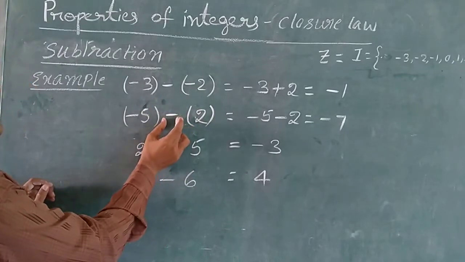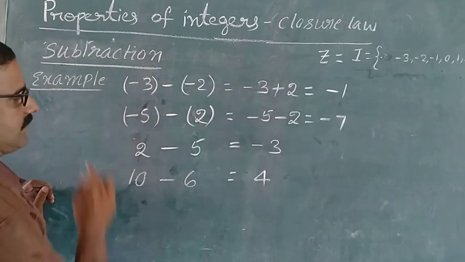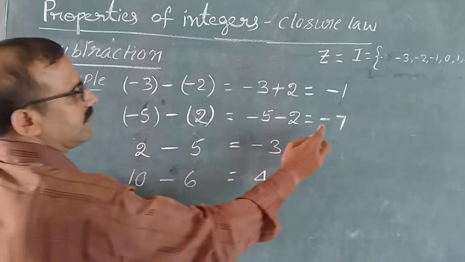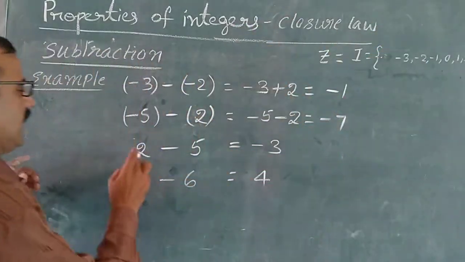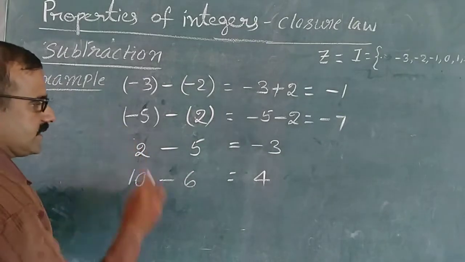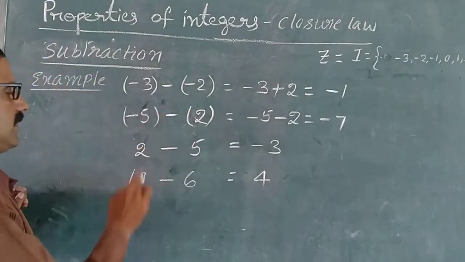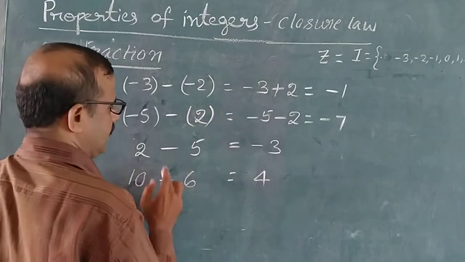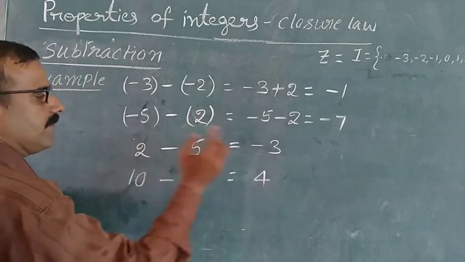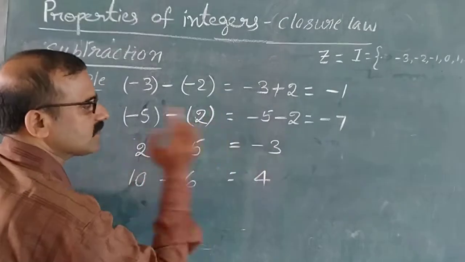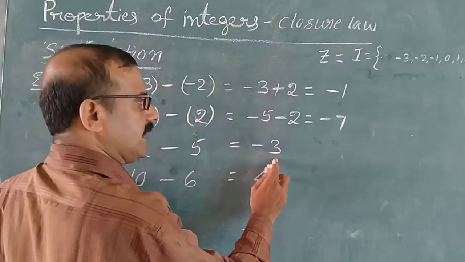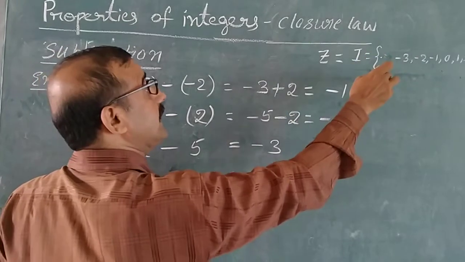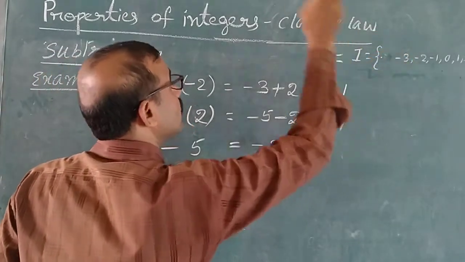Here the symbol is subtraction, the minus symbol. When we subtract, you get -7, which is also an element in the set of integers. Next, 2 is a positive integer, 5 is also a positive integer. When we subtract, you get -3, because 5 minus 2 is 3 and the bigger number has the minus sign. So both are positives, and when we subtract, you get a negative integer, -3, which is also an integer in the set of integers.